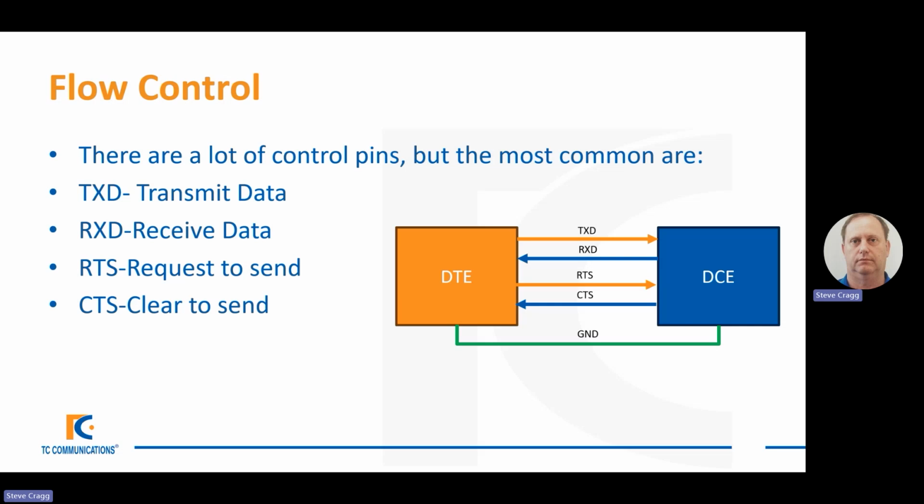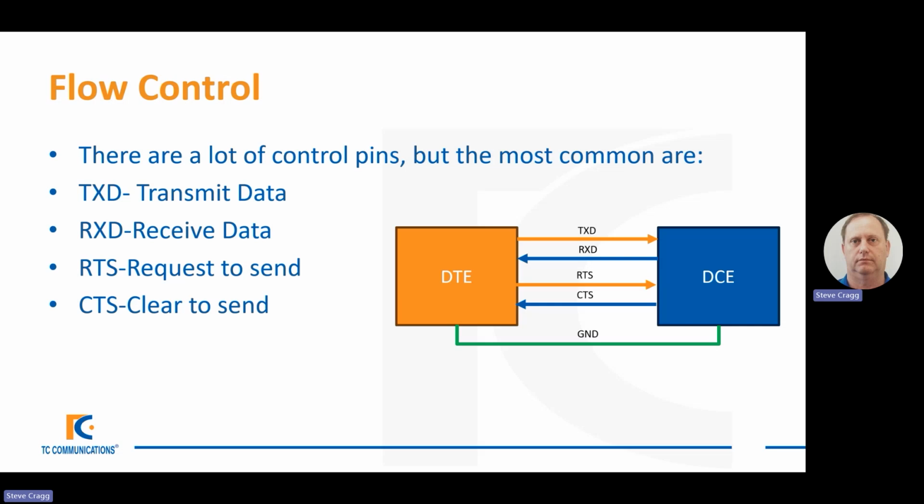This was actually put in place for original Bell 202 modems, which turned off their transmitter when they weren't sending data, and this is where this flow control comes from. It's very common not to use flow control, particularly now that we have so much processing power and things don't have to stop because of the data coming in.